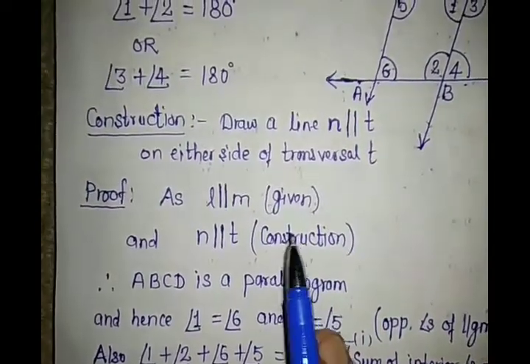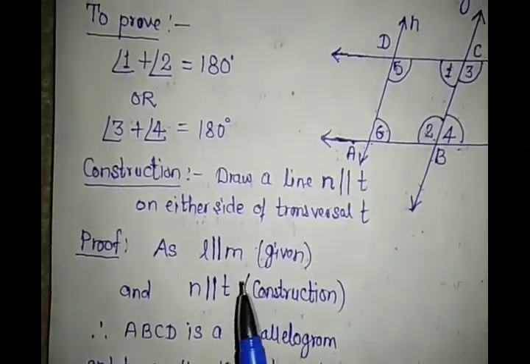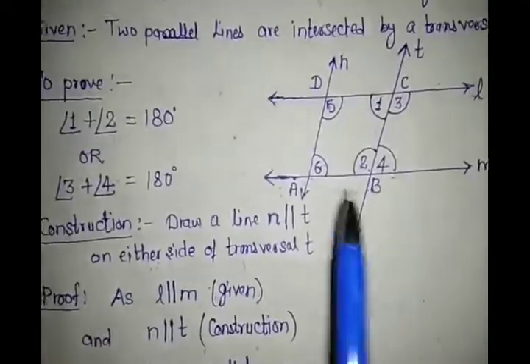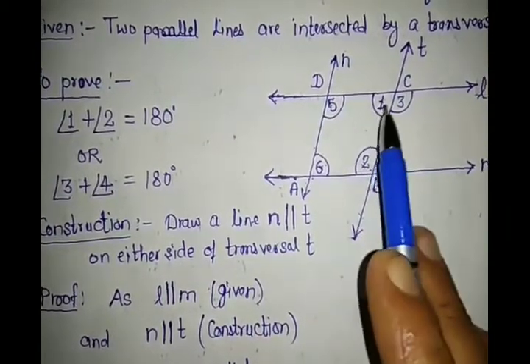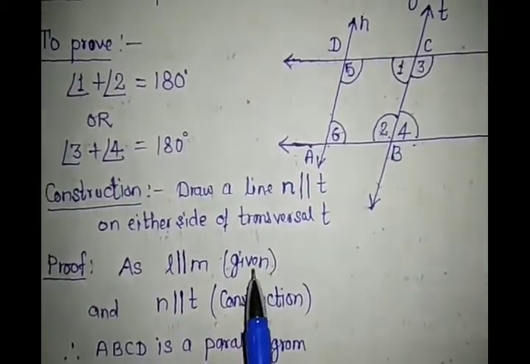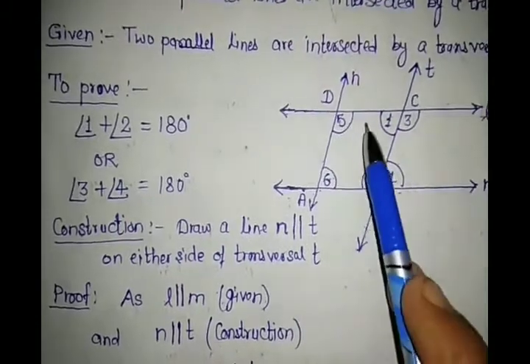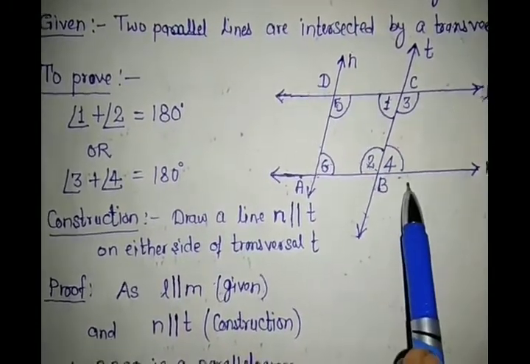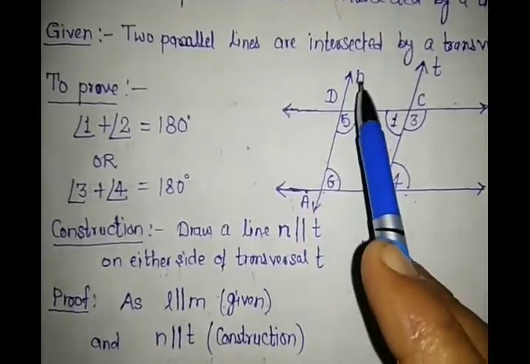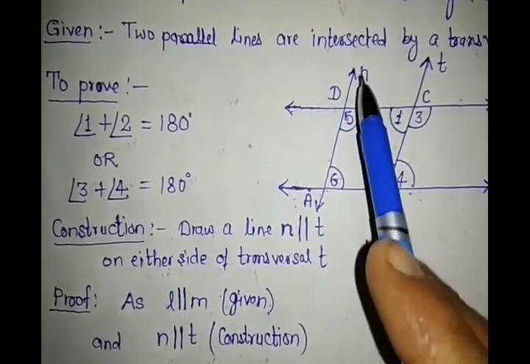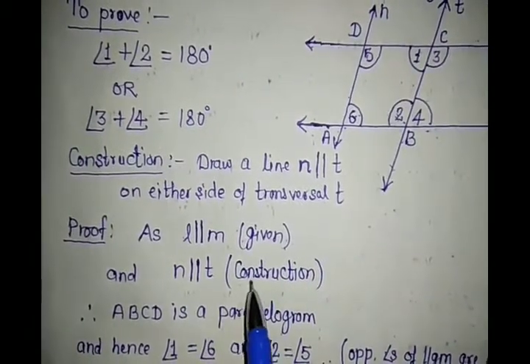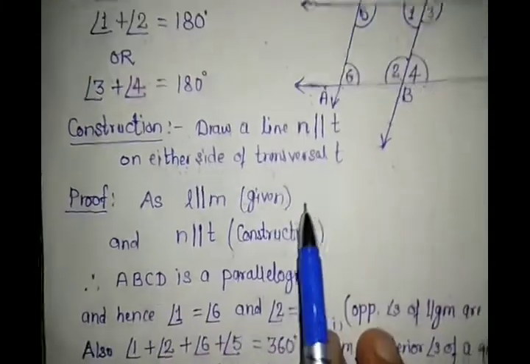This we will take in the proof. Given L parallel M, this was given to us, and we have constructed another line N which is parallel to T, by construction.